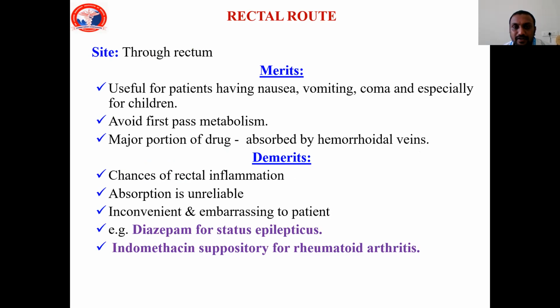The demerits of the rectal route are a high chance of rectal inflammation, unreliable absorption, and that it is inconvenient and embarrassing to the patient. Examples: diazepam for status epilepticus and indomethacin suppositories for rheumatoid arthritis.